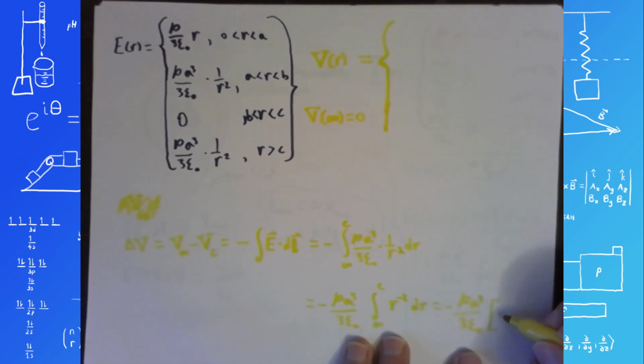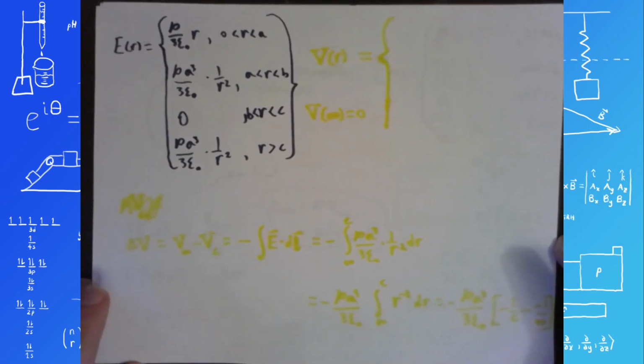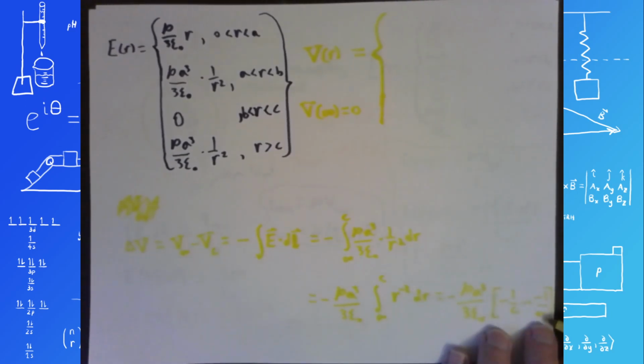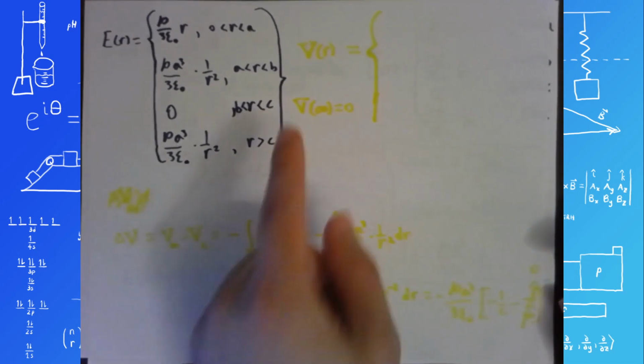And then from infinity to c, so negative 1 over c minus negative 1 over essentially infinity. I know technically, for you mathematicians out there, I'm supposed to call this some variable and then take the limit as it approaches infinity, but we're physicists, we don't worry about that, so this is effectively going to be 0, as it should be.